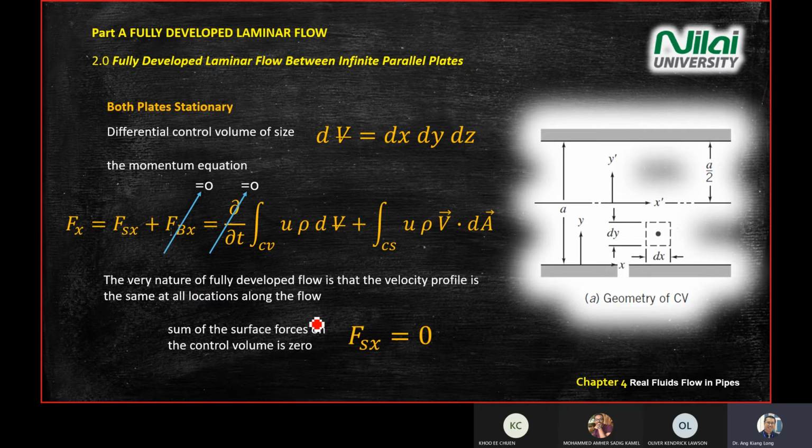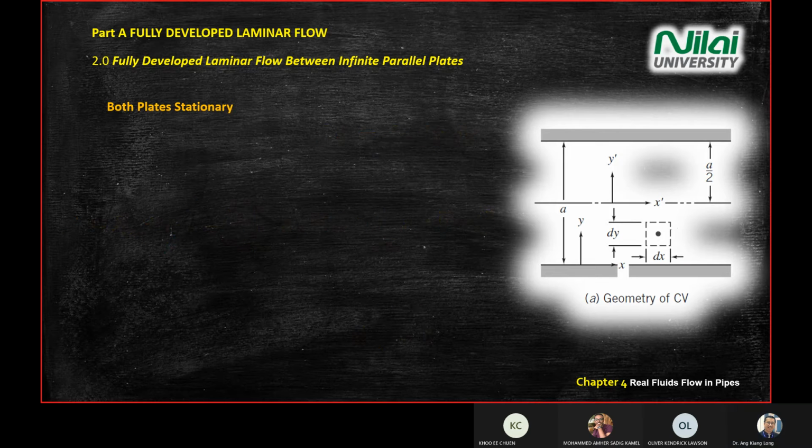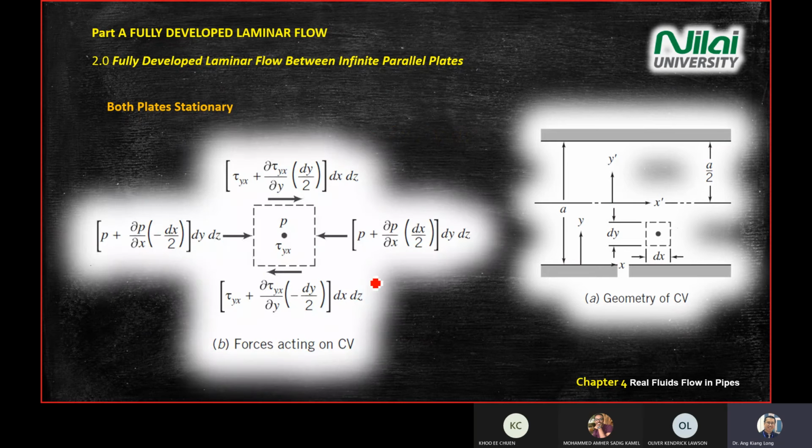So to get equilibrium scenario, your Fx will be equal to 0, which means all the force acting on the surface will be 0. So this is the equilibrium scenario. And then after that, we look at this diagram, with all the forces acting on the control volume over here.